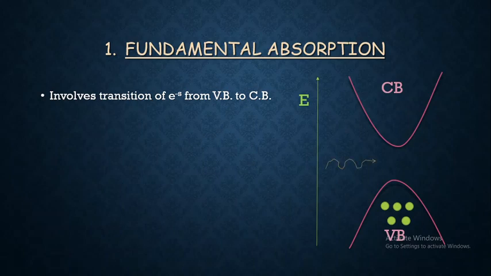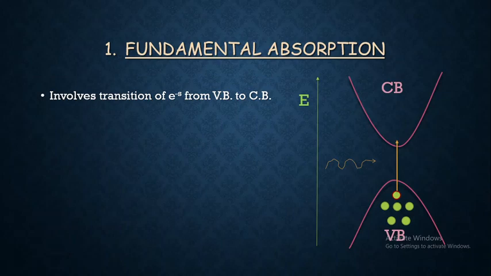When a photon is incident on the semiconductor, the photon, which carries some energy, will be absorbed by an electron present in the valence band, and the energy of the electron will be increased, and it is going to transit or get excited to the higher energy band, which is the conduction band.